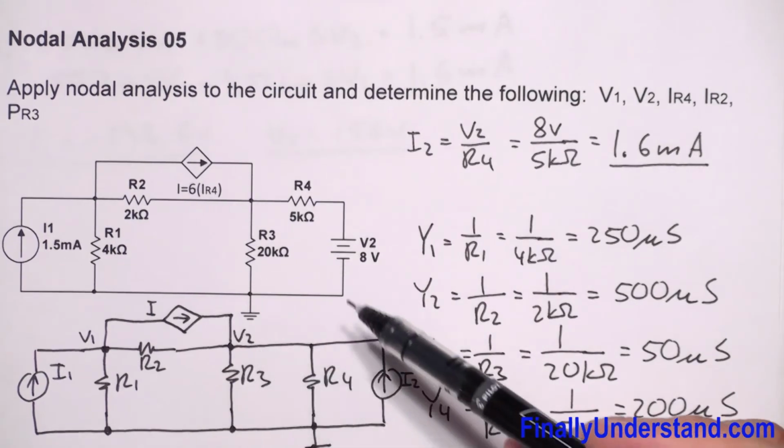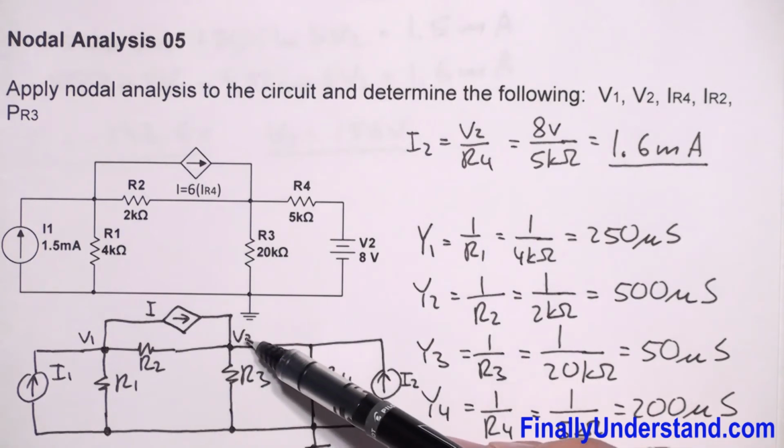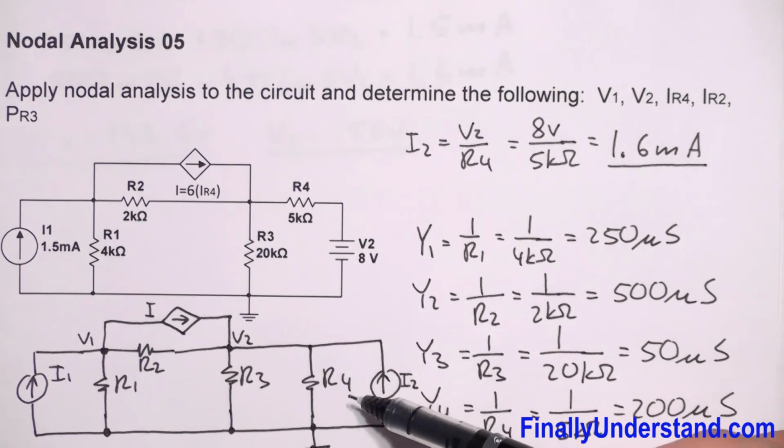So as we said before, the voltage across resistor R4 is equal to V2. So V2 divided by R4 is going to give me IR4.